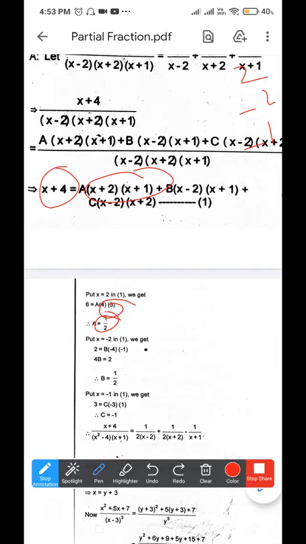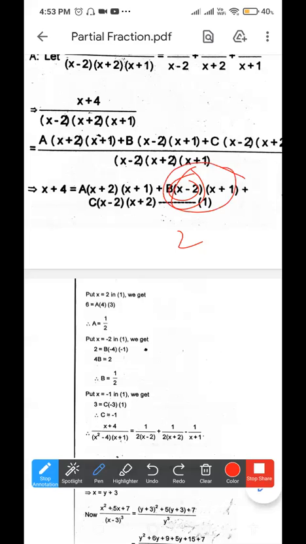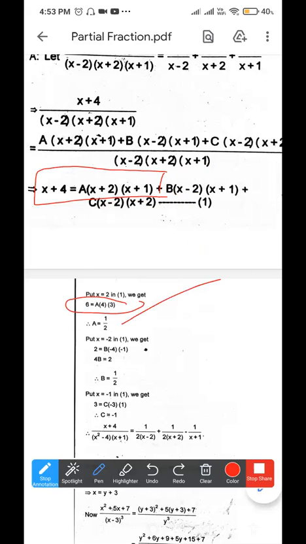So your value of A will be 1/2. If you substitute x = 2, the terms with (2 - 2) become 0, so this whole part becomes 0. Only this part will be left, and we'll get the value of A as 1/2.